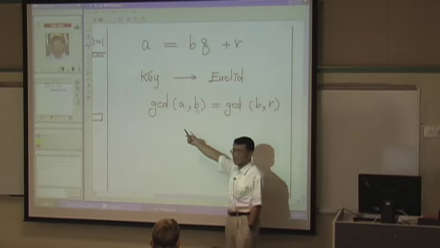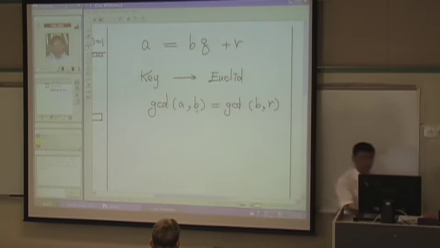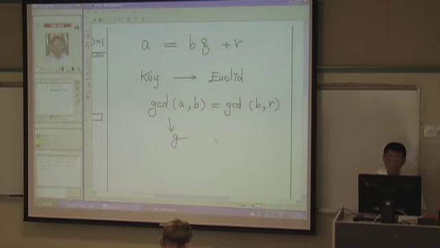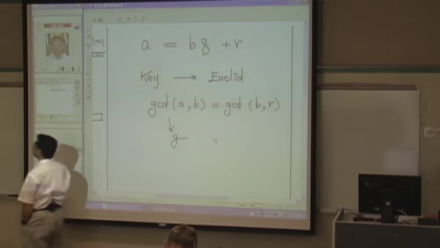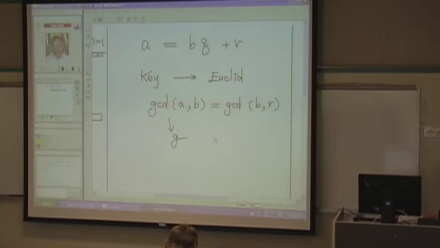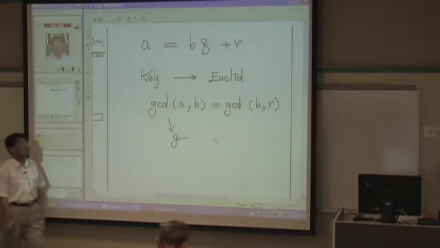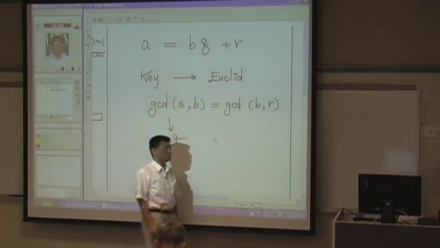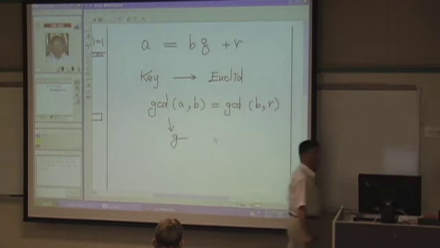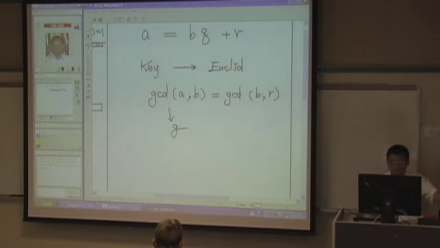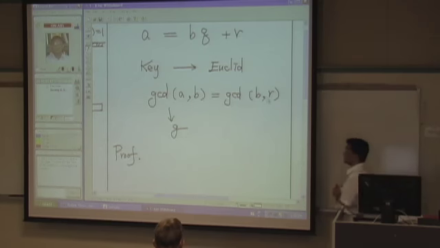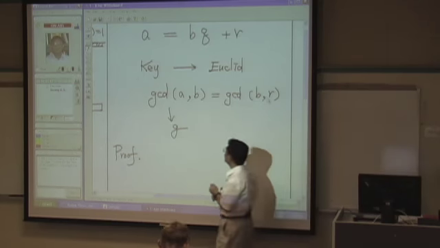So instead I will call this side G. G represents the GCD of A and B. So I want to prove this statement saying GCD of A and B is the same as GCD of B and R.